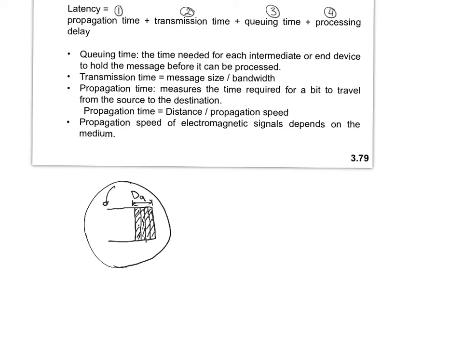For us here, we just need to know that the queuing time, or queuing delay, or queuing latency, is the time needed to wait in the buffer of the output port until you get your turn to be served. So when I wait in the line, whether it's a short time or a long time, this is the queuing delay.